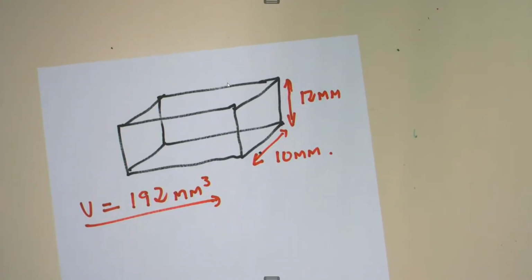These are the type of questions that you will surely get in the exam. Getting the volume of a rectangular prism is straightforward. But now look at the missing information here. The question states that we need to find the length. We don't know the length.